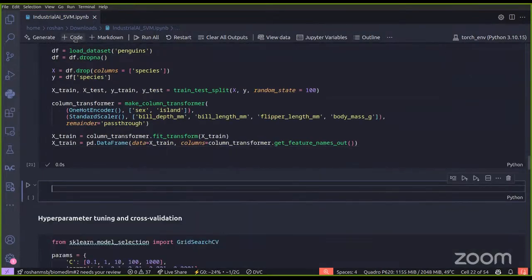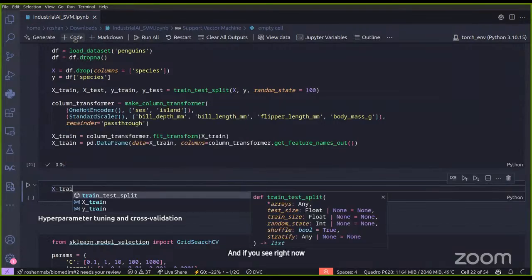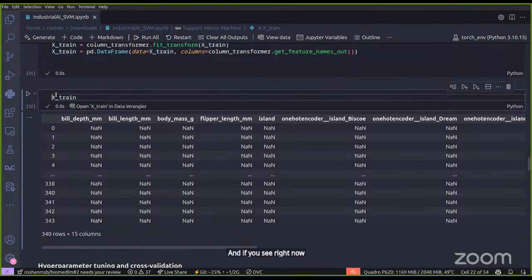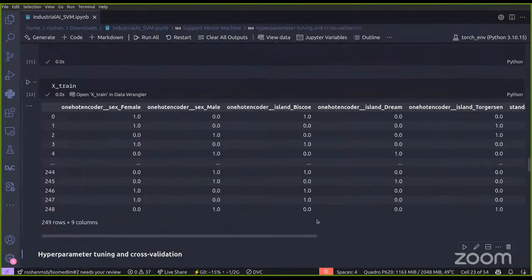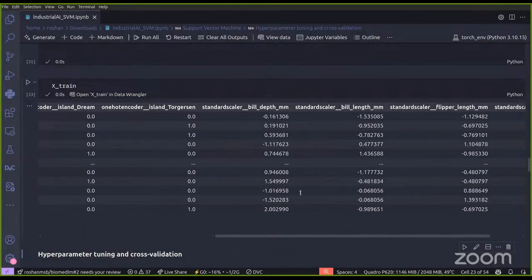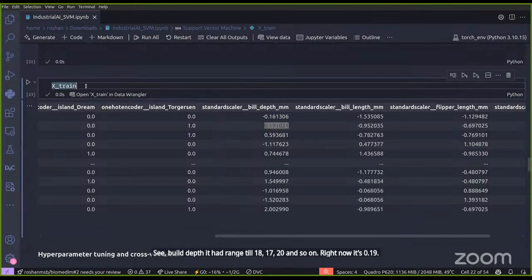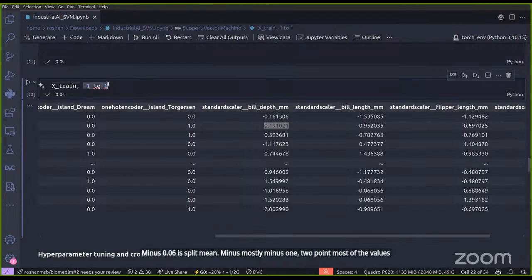If you see right now, build depth had a range till 18, 17, 20, and so on. Right now it's 0.19, minus 0.06. It's mostly between minus 1 and 1. Most of the values are in between this range.